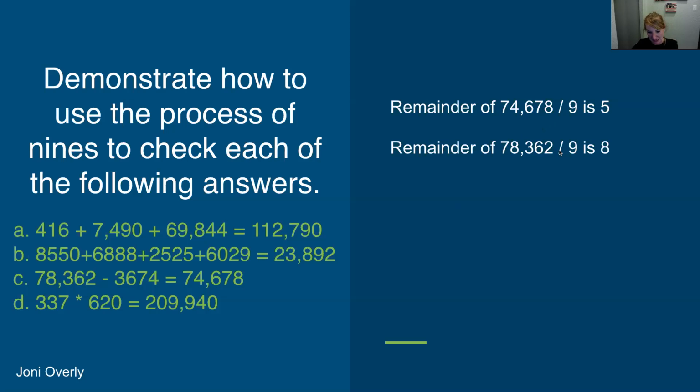So the remainder of 78,362 divided by 9 is 8. And the remainder of 3,674 is 9 divided by 9, which is a remainder of 2.